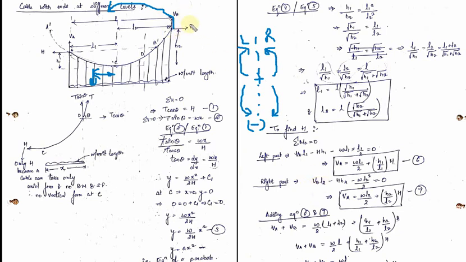The second force is H. So H will take the C point in the clockwise direction. If the right movement is clockwise, the bending moment is negative. So minus capital H into the perpendicular distance of the line of action of capital H from the C point, which is H2. So minus H into H2. The third force is the UDL, which is acting in the downward direction. So the UDL will also produce a clockwise bending moment about the C point.